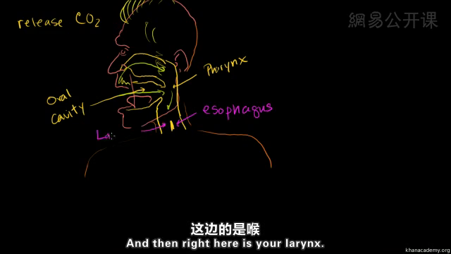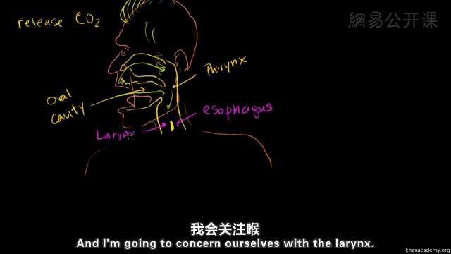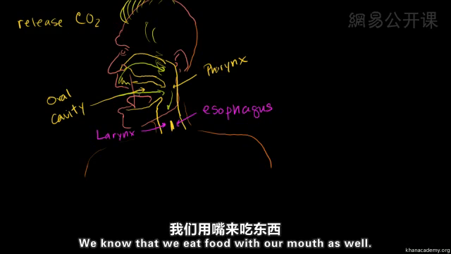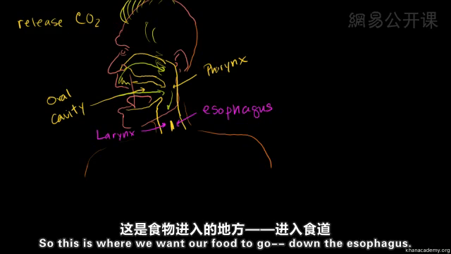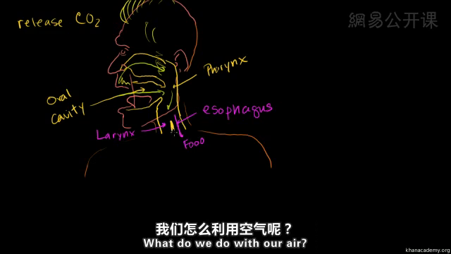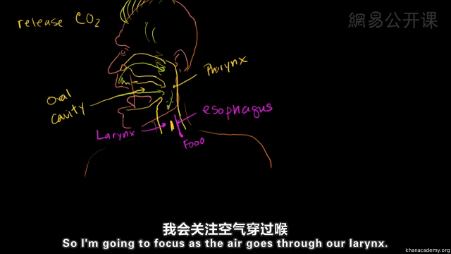This is your larynx, and I'm going to concern myself with the larynx. The esophagus is where your food goes down. We know that we eat food with our mouth as well. So this is where we want our food to go, down the esophagus. That's for food. But the focus of this video is our ventilation. What do we do with our air? So I'm going to focus on the air as it goes through our larynx.